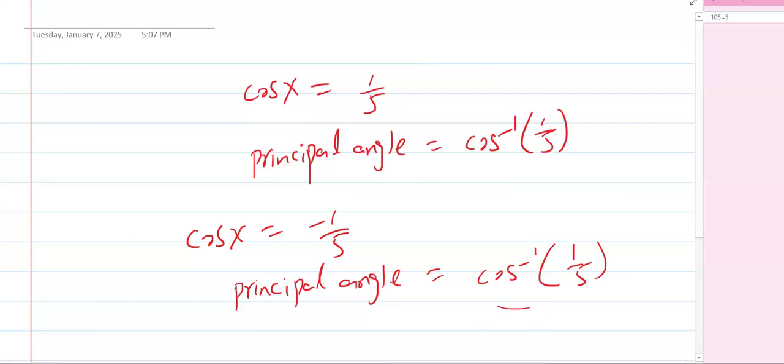Now, if this is clear, another thing you have to remember is the way of identifying the angle. In the first quadrant, the angle is just the principal angle. For the principal angle, I will use PA. When you get the principal angle from the calculator, it will always be less than 90 degrees. The way to write in the second quadrant is 180 minus principal angle.